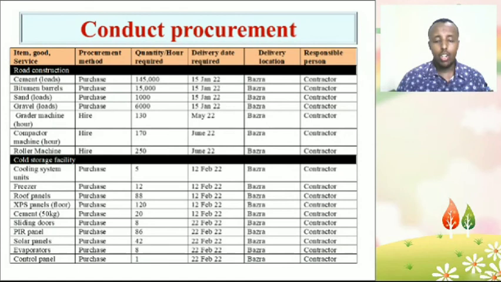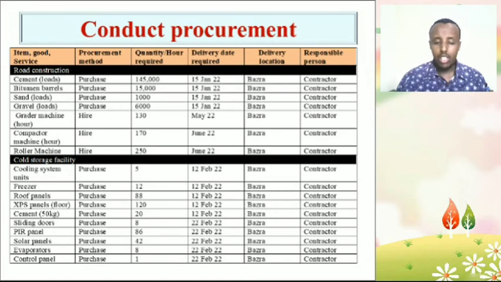In conducting procurement, you will buy cement, bitumen, barrels, sand, and gravel. He will be hiring a grader machine and so on. For the cold storage facility, he will be buying 12 freezers, roof panels, control panels, and so on.